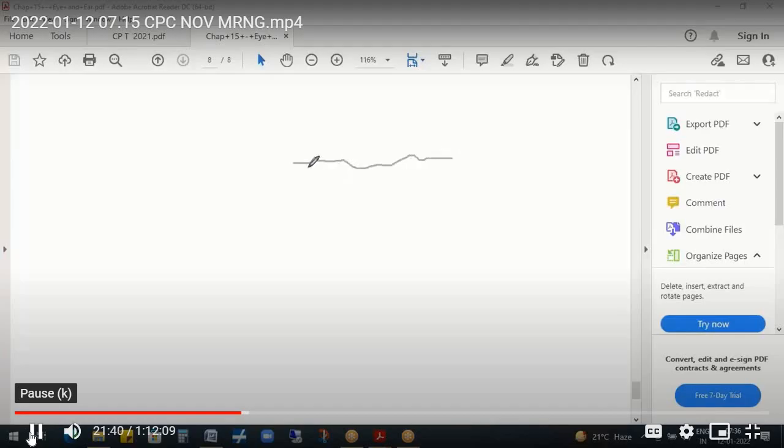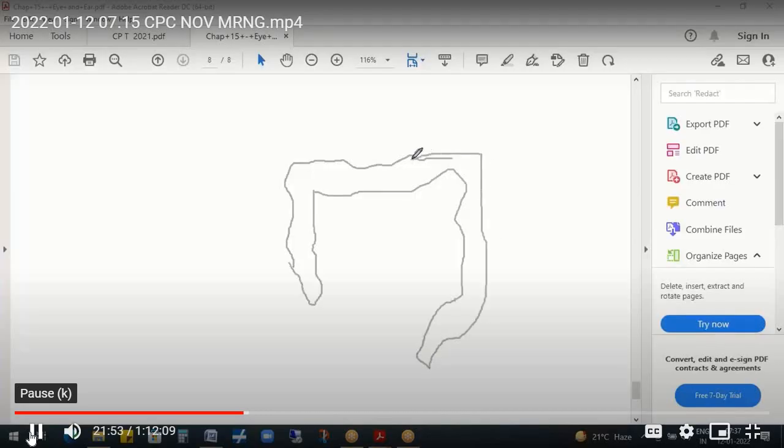Now everyone see the screen. You can see I am drawing the large intestine. Patient came here for lower abdominal pain.